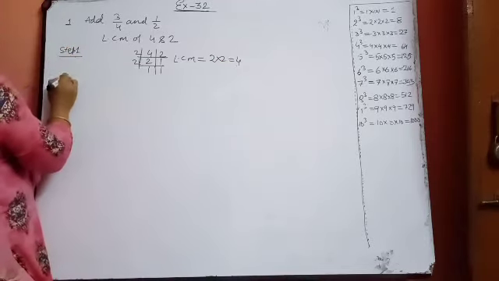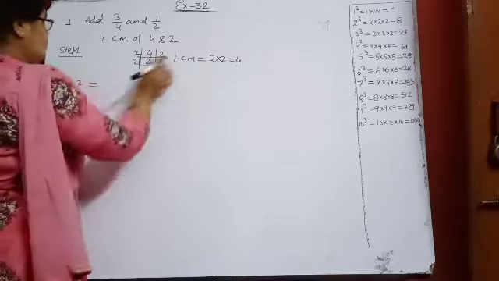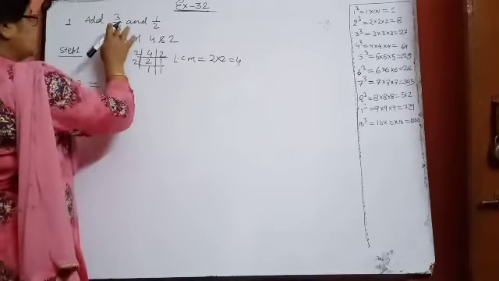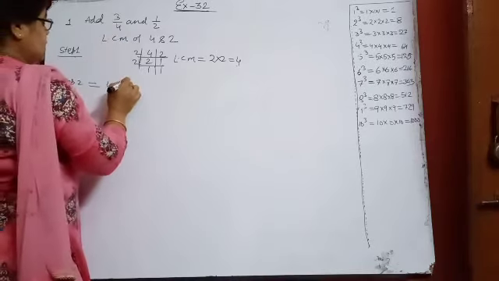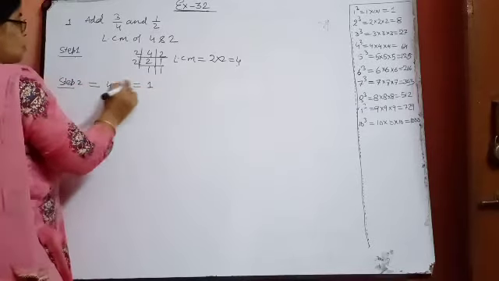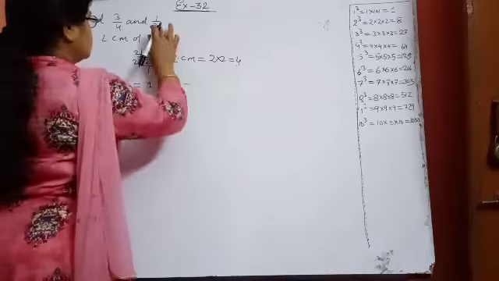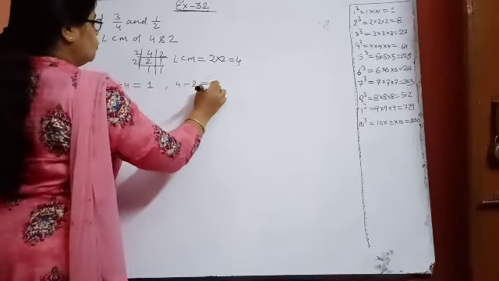In step 2, what will you do now? This LCM 4 will be divided by the first denominator 4, 1 four is 4. And again the LCM 4 divided by this 2, what do you get? 2 twos are 4.